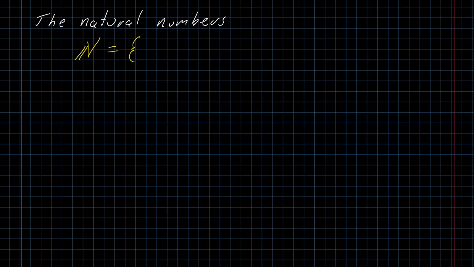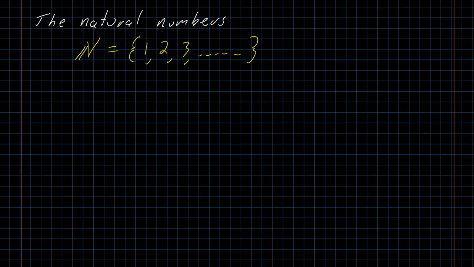For our purposes, we can list out the natural numbers using roster notation. 1, 2, 3, and so on. One of my favorite things about talking about the natural numbers is that it is one of the big controversies in mathematics.